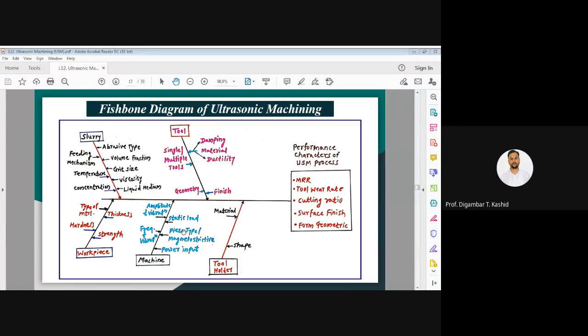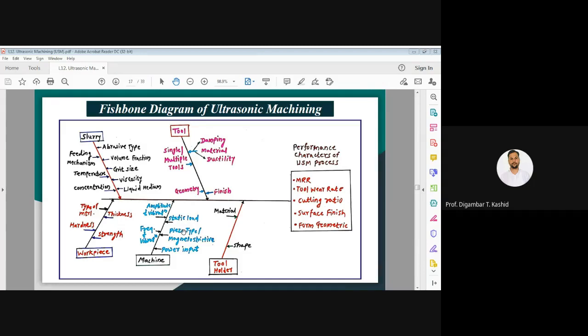Then which type of transducer we are using, whether it is piezo type or magnetostrictive type, we also need to consider. Again, the power input to the transducer, or the force with which you hit the abrasive particle, which carries it to your workpiece, we also need to consider.